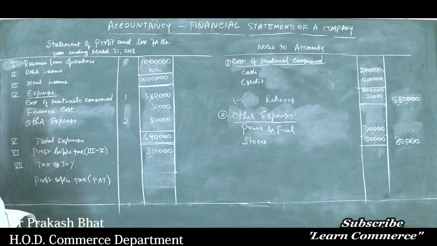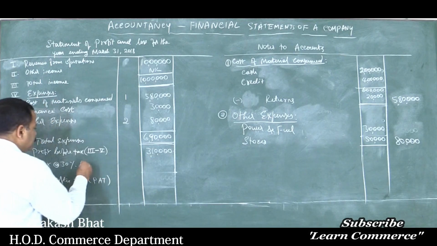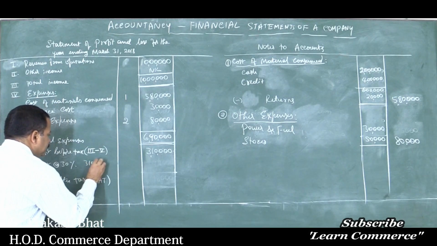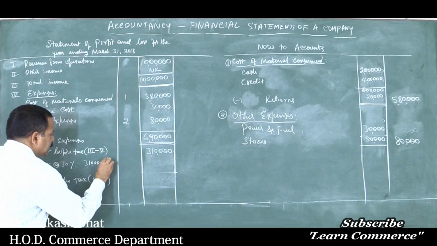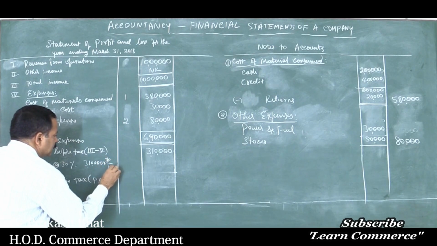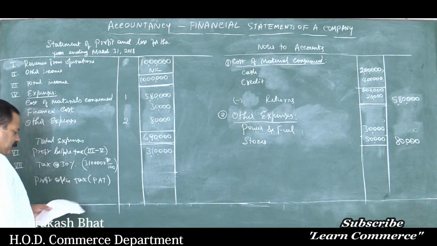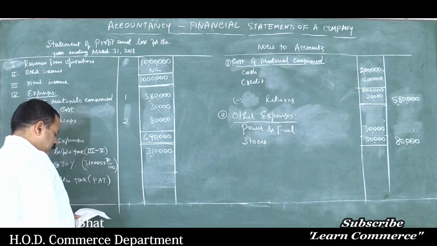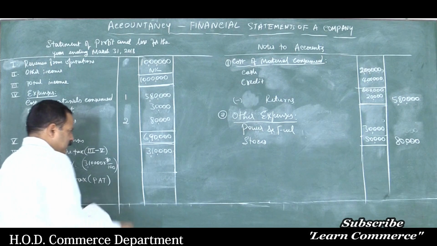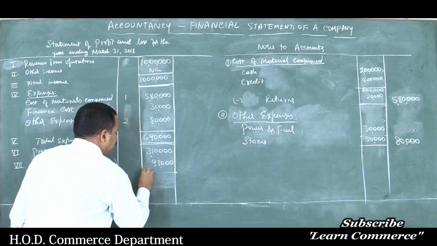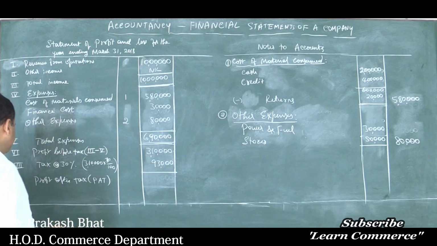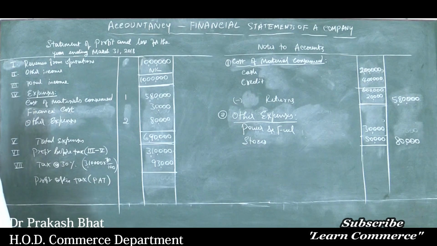Now, deduct tax at the rate of 30%. That is 3,10,000 into 30%. Calculate and write the amount. It is 93,000. Deduct it and write the net amount, that is profit after tax, PAT.